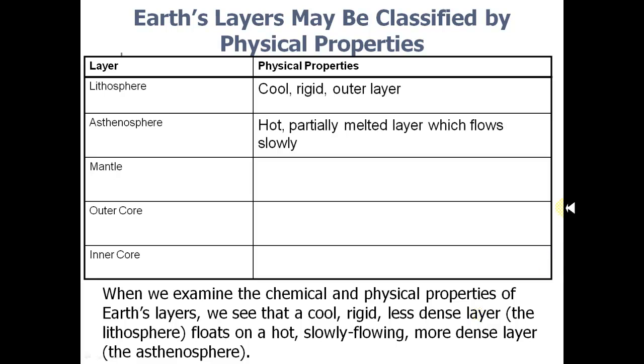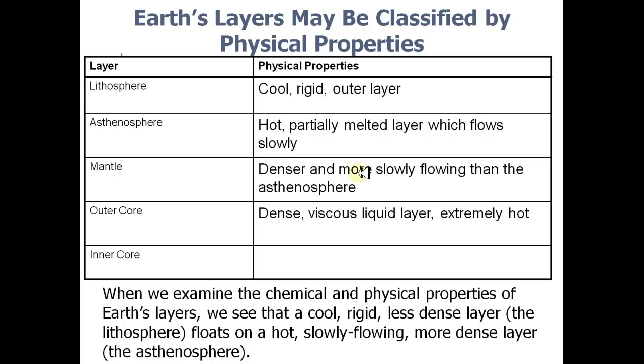The asthenosphere is hotter. It is partially melted because of that heat and tends to flow slowly. The mantle is denser and flows more slowly than the asthenosphere because it's not markedly hotter.